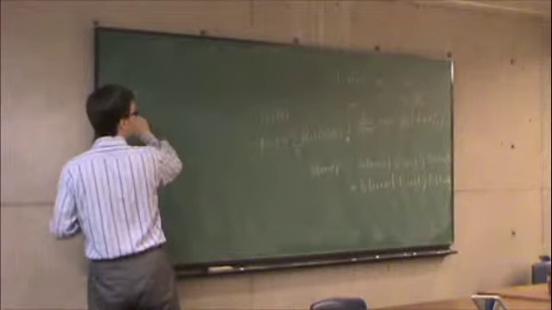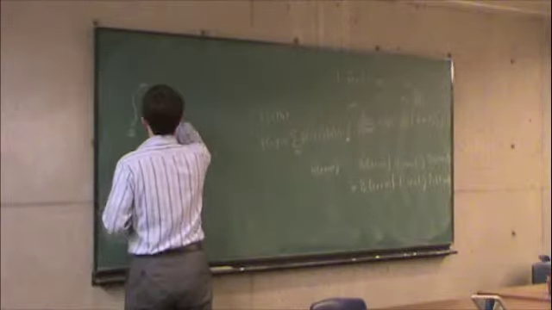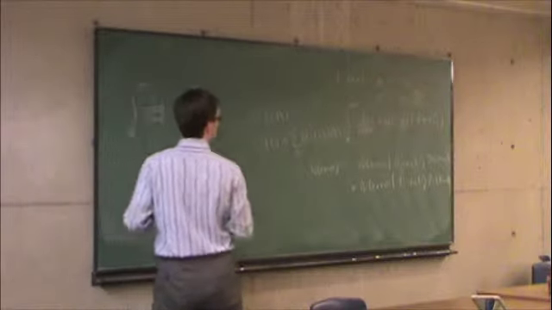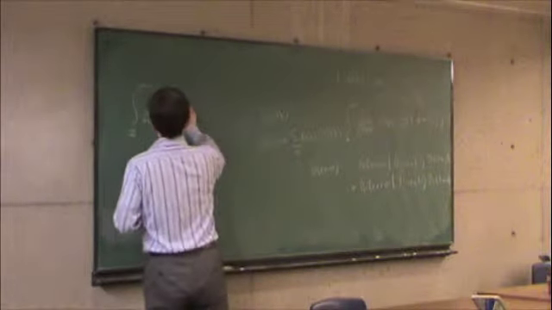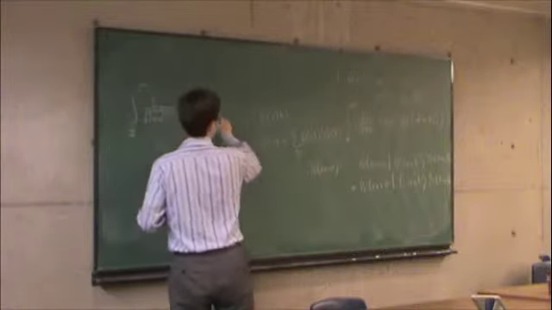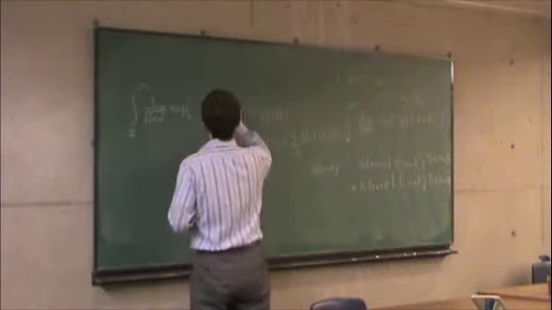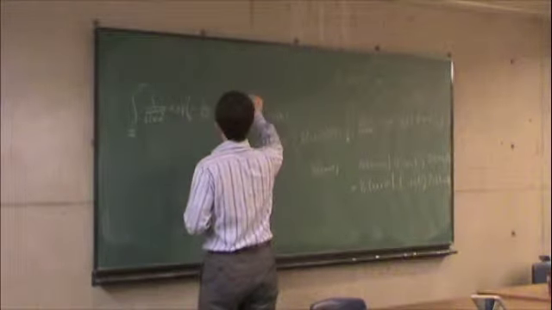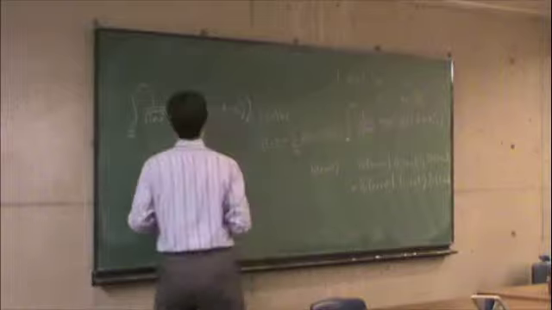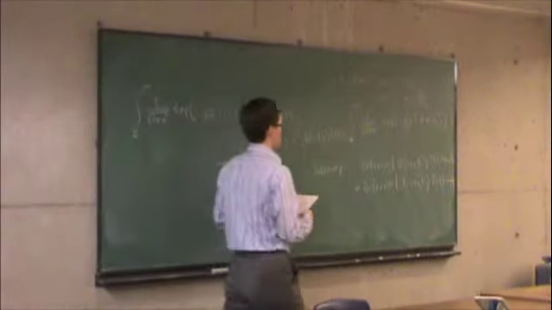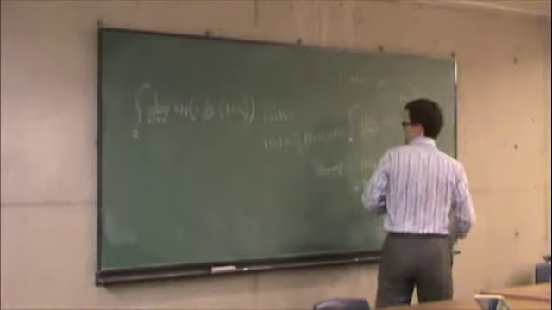Integral from z to infinity of 1 over root 2 pi sigma squared, e to the power of minus 1 over 2 sigma squared, (phi plus nb) squared, d phi.